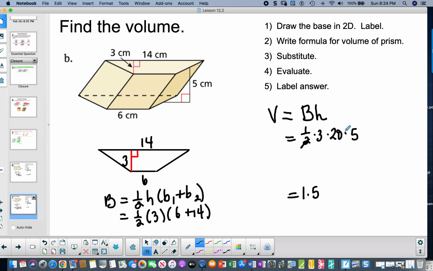Do a little reducing, and then the answer is 150. Let me erase that decimal. So it's 150, and this will be cubic centimeters.